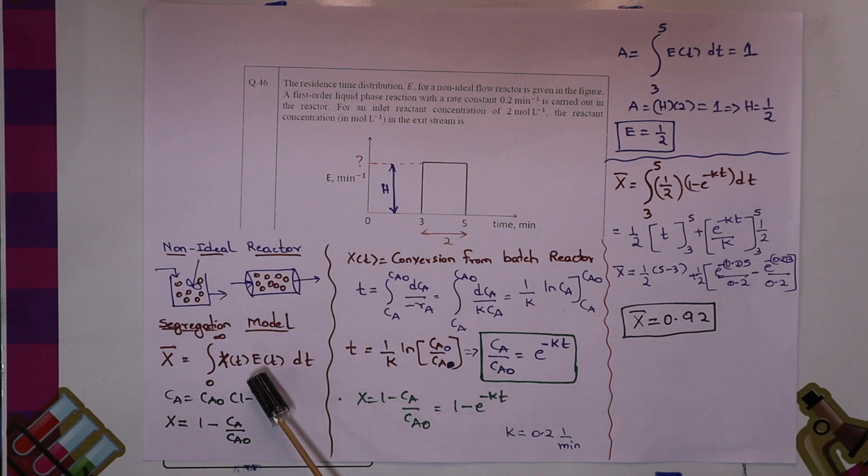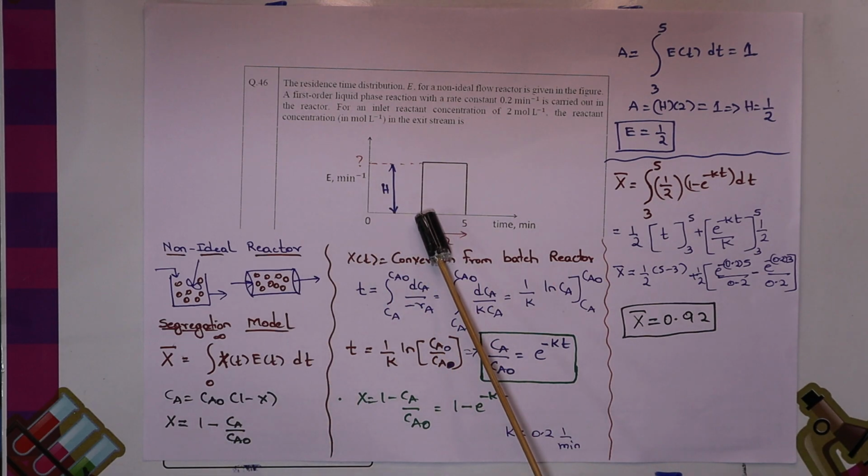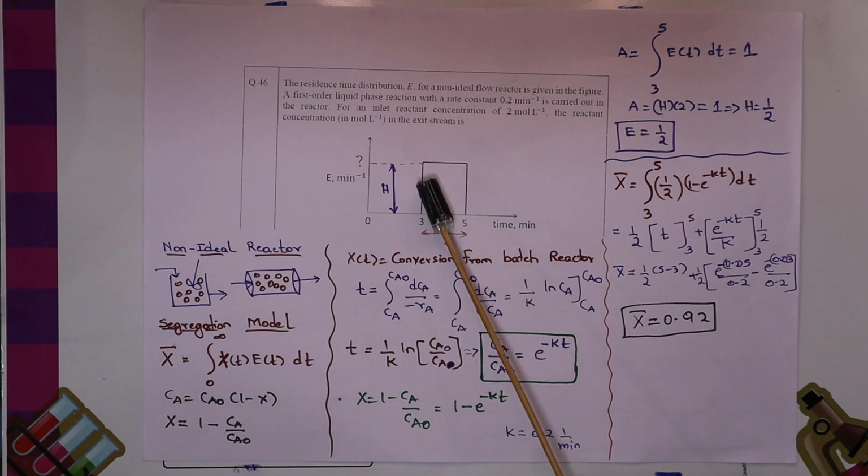Let us get the equation for E of t, so you can integrate them using the segregation model. And this is the residence time distribution graph, right? It is given that the molecules are spending a time between 3 and 5.